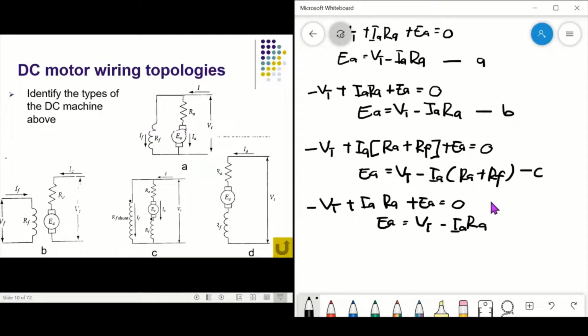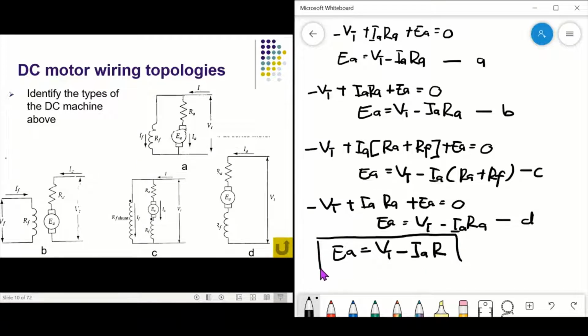From these four equations, A, B, C, and D, we can conclude that for a DC motor, EA equal to VT minus IA times resistance R. Why do I write R here? Because it depends on the type of DC motor.